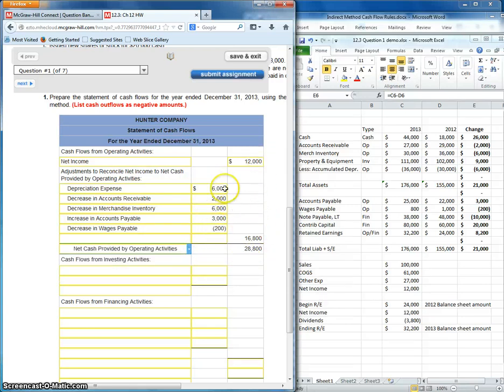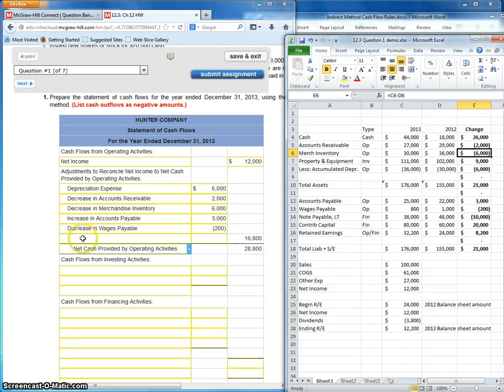So this right here, this is subtotaled out to $16,800. All five of these lines subtotal out to $16,800. Add that to your net income, and that gives you $28,800. And that's net cash provided. If this number was negative, then you would use that used in. But since it is a positive number, we use net cash provided by operating activities.